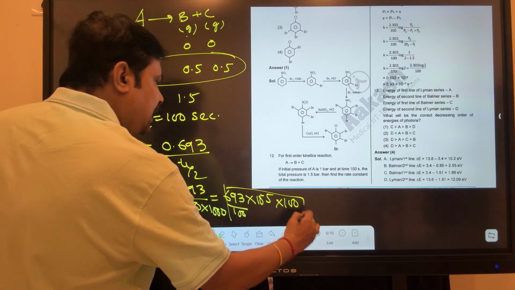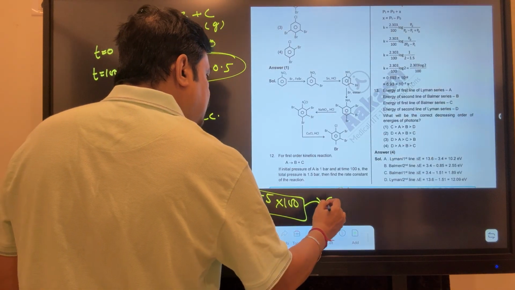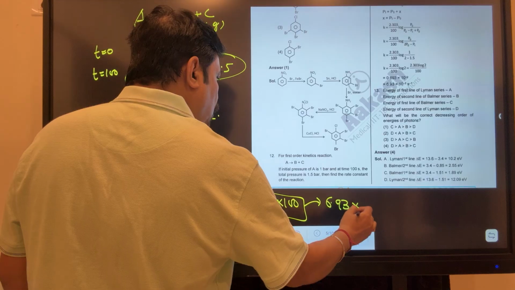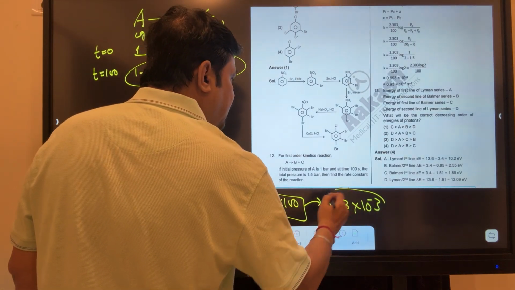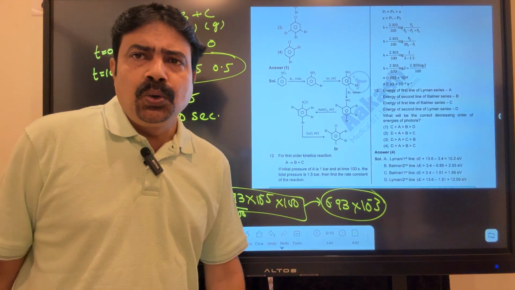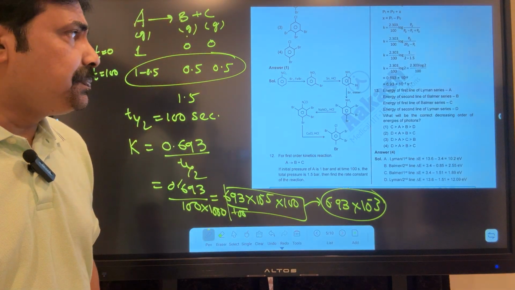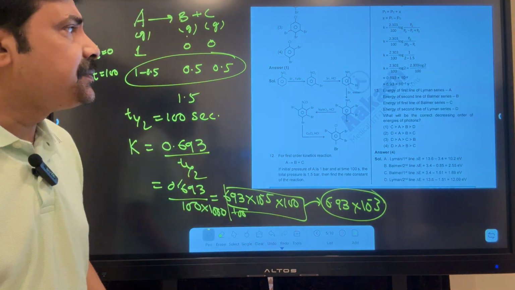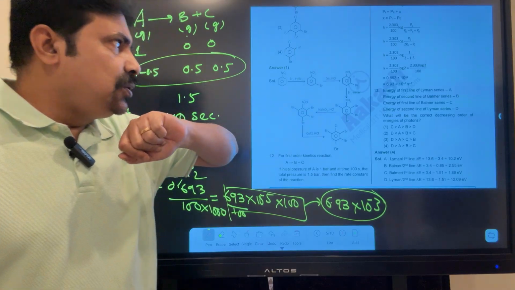If you look at this calculation, we get 6.93 into 10 to the power of minus 3. That was the option. Then your answer will be 6.93 into 10 to the power of minus 3. Directly we got it. Now look at the next question.